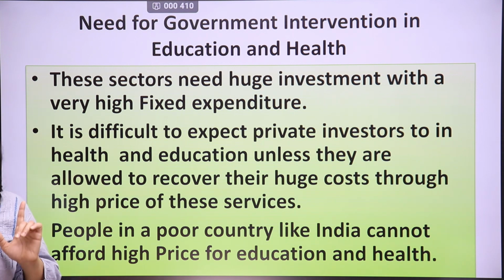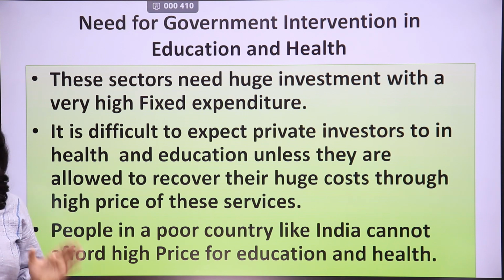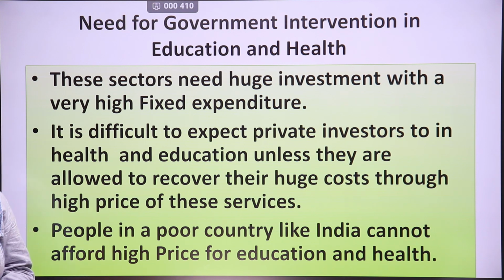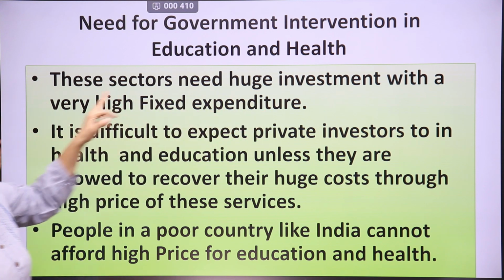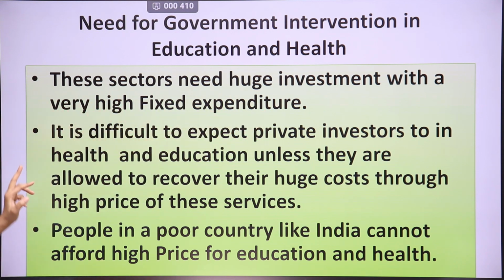Because government was the only entity that had that much amount of funds which could be invested in large scale development of the nation, because building schools for the whole nation was not possible for any private individual or private company. So it was taken up by the Government of India. Here three sectors need huge investment with very high fixed expenditure.